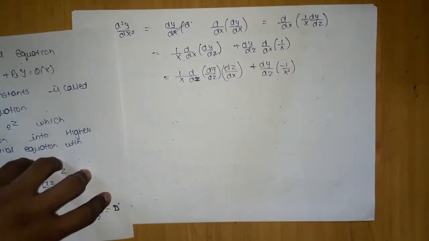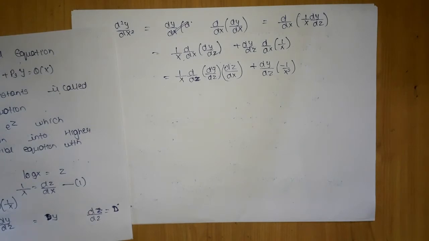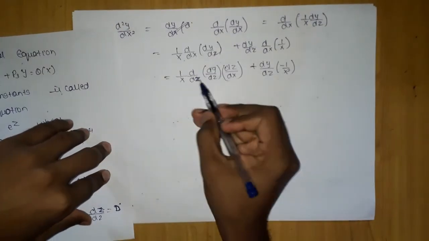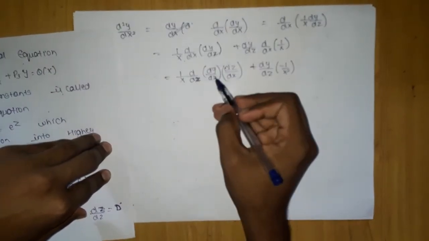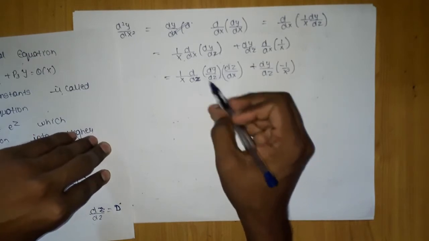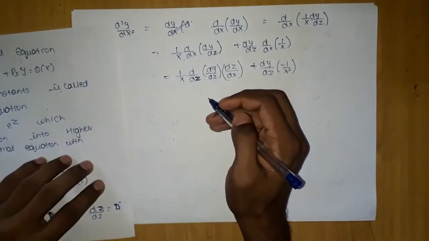In the partial differentiation chapter which we have studied, we know that if we shift this, the value still remains the same. So we can do that. Then we multiplied and divided by dz, and then we substitute the value whichever we have.